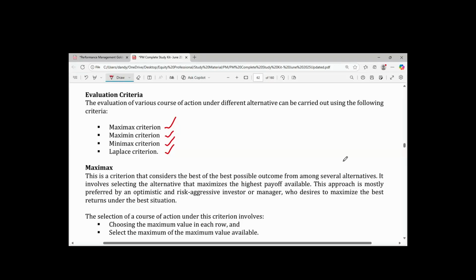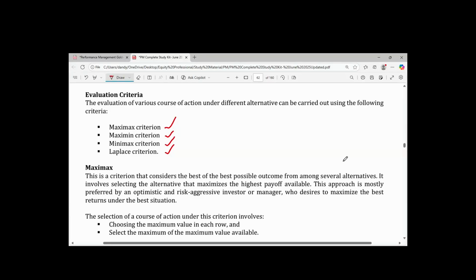This Maximax decision rule is mostly preferred by an optimistic decision maker who desires to maximize return.